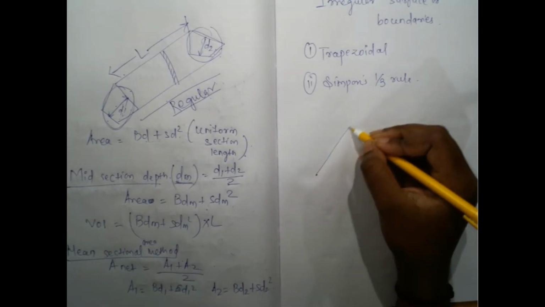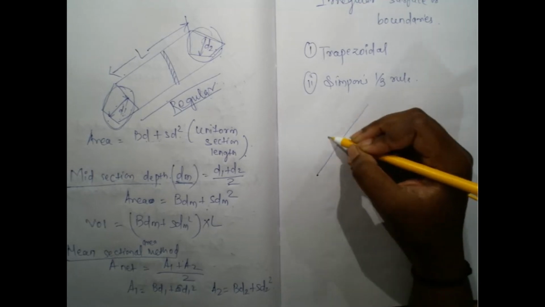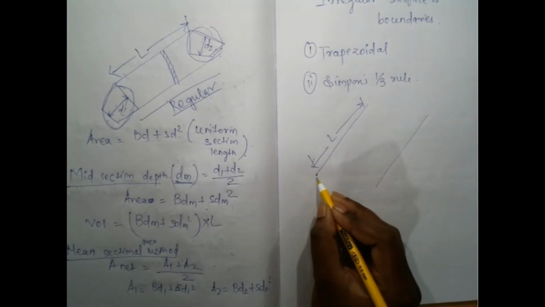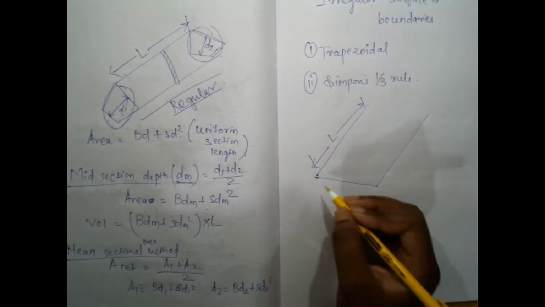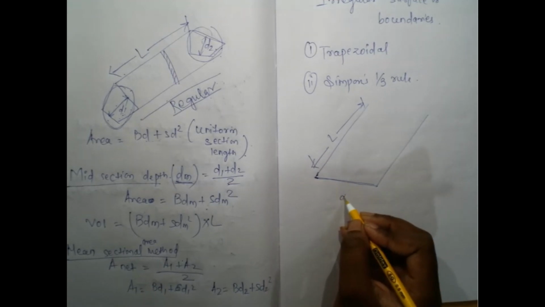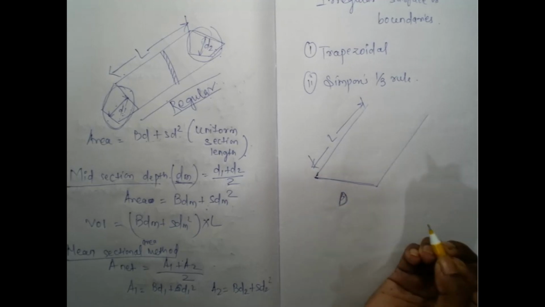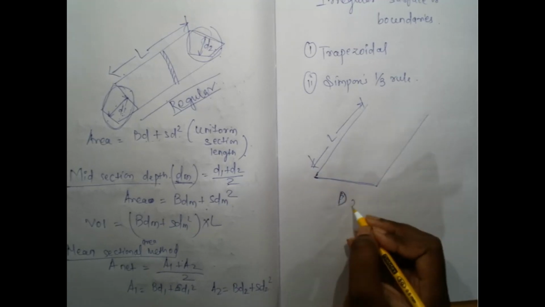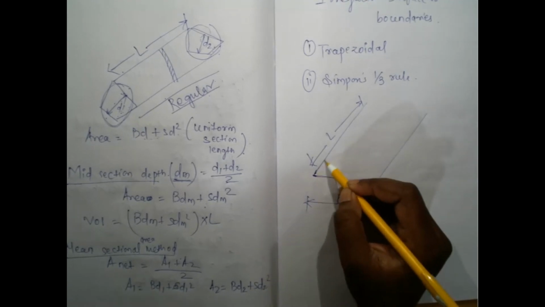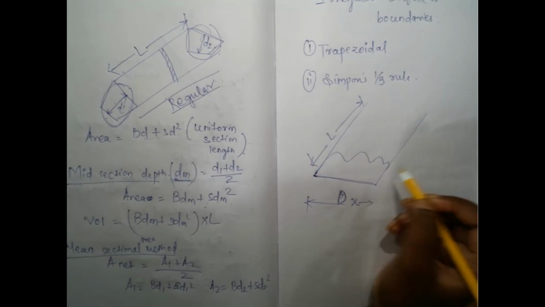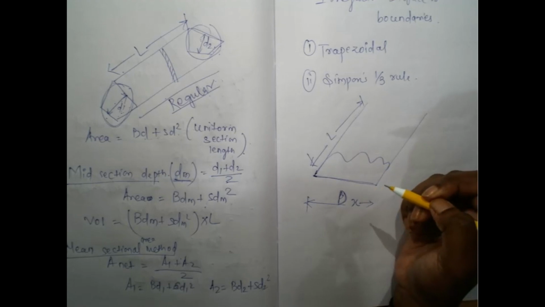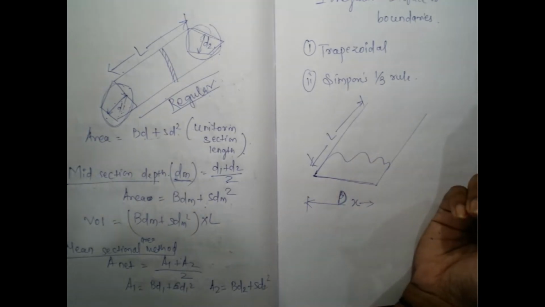So how can it be done? Suppose this is a road section. It has a length, and here it has the breadth, suppose capital D. It has a section like the X section, total X section, and if we know that it has irregular boundaries or shape, an undulation in the Y section, in the vertical section, then how are we going to calculate the earthwork?